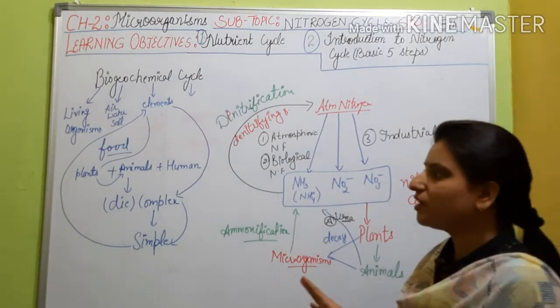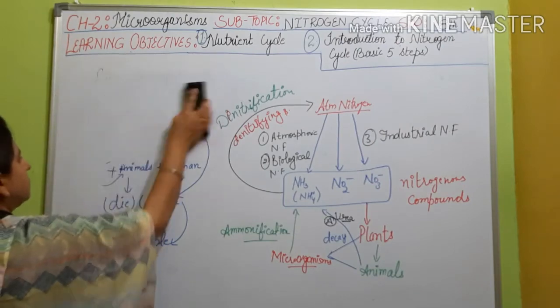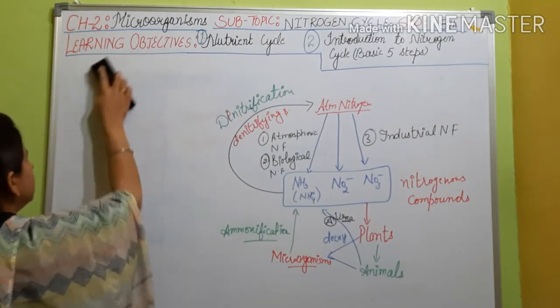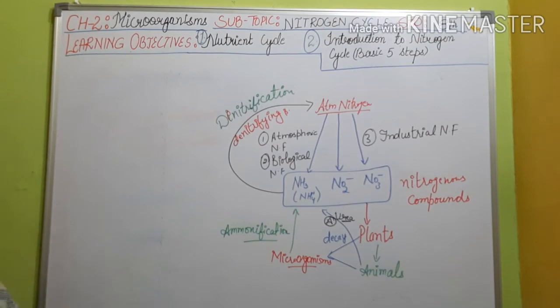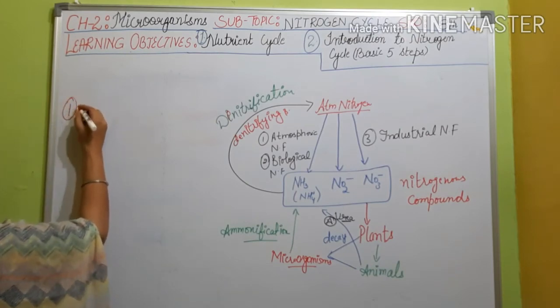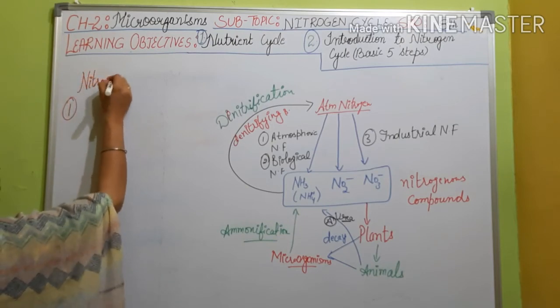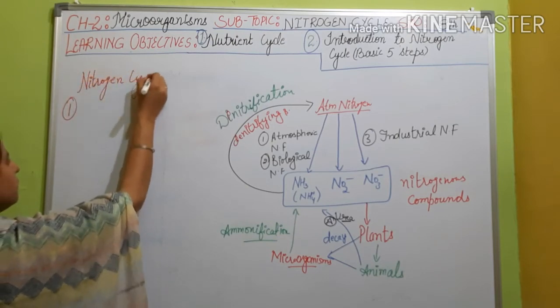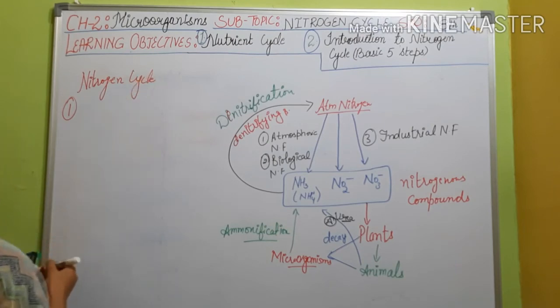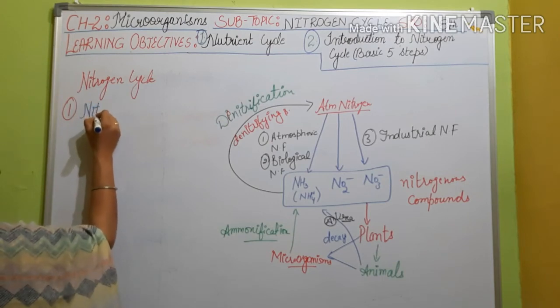So what are the basic five steps we will learn in the nitrogen cycle? First is nitrogen fixation.